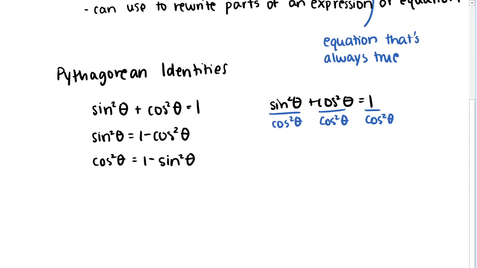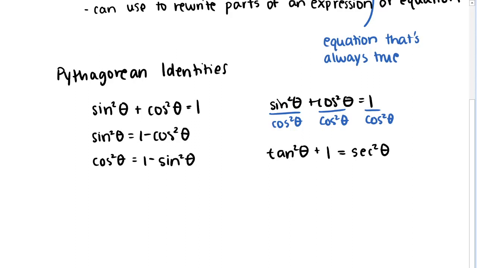Sine squared of theta divided by cosine squared of theta is another way of writing tangent squared of theta. Cosine squared of theta divided by cosine squared of theta is 1, because any number divided by itself is 1. And 1 divided by cosine squared of theta is another way of writing secant squared of theta, because secant is 1 over cosine.